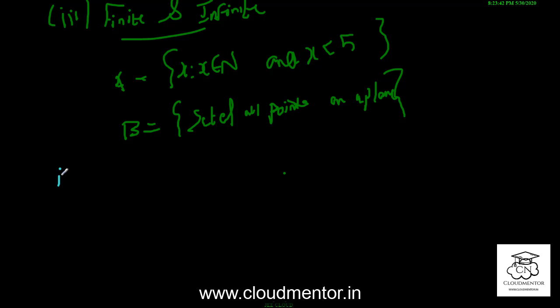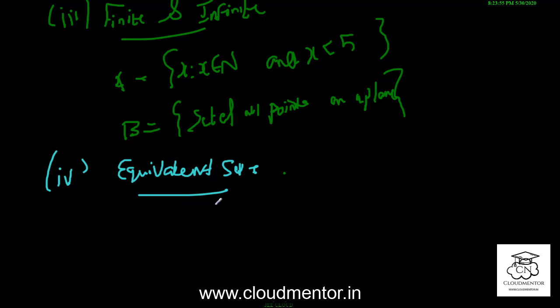And the next one is, what do you mean by equivalent sets? Two finite sets A and B are said to be equivalent if they have the same number of elements. They can be said to be equivalent, not equal sets.